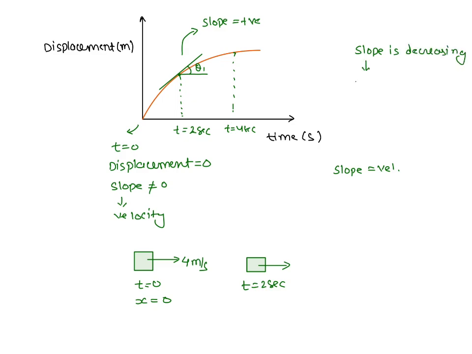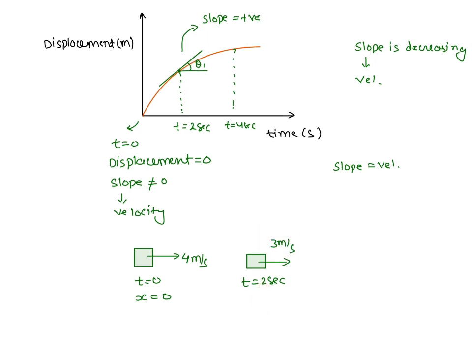And what is slope? Slope is velocity. So velocity of the particle is decreasing. Initially, I assumed that the particle is moving with a speed of 4 meter per second. So at t equal to 2 seconds, its velocity should be less than 4 meter per second. I am assuming let it be 3 meter per second. In future videos, I will give the value of this angle as well, so we will exactly find out the velocity with which that particle is moving. So at t equal to 2 seconds, its speed is 3 meter per second.